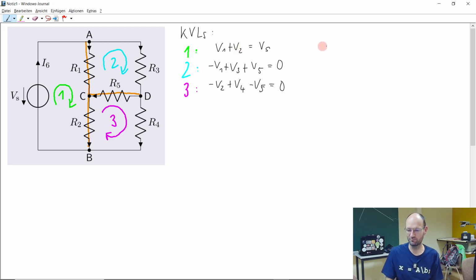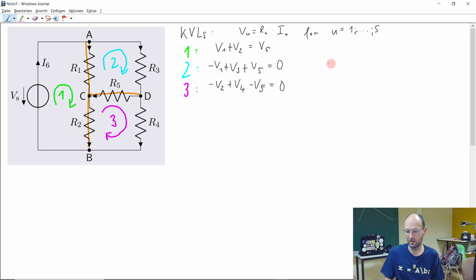So next step is we now insert all these Ohm's laws. We always say Vn is Rn times In for n is 1, 2, 5.